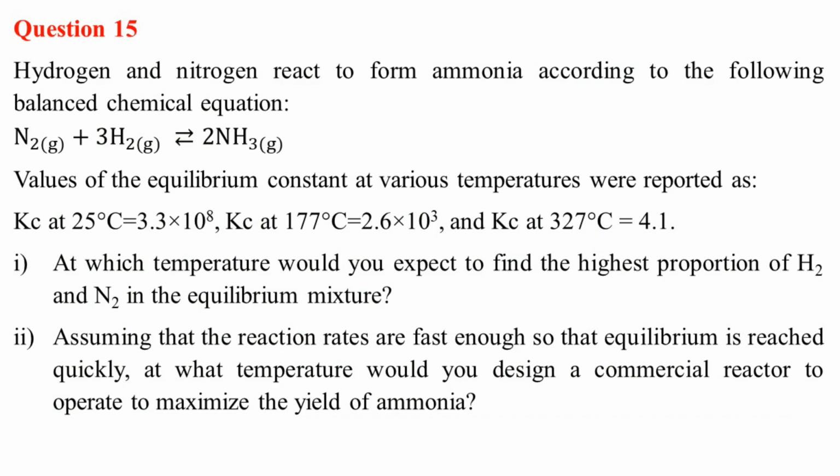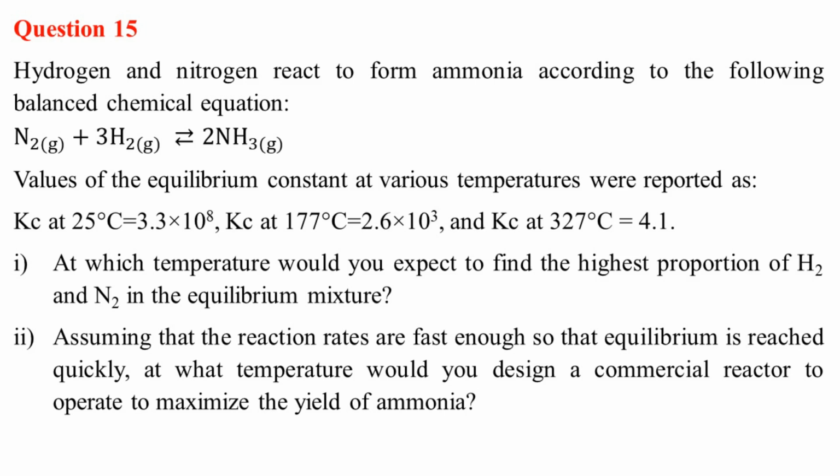Now let's go to question 15. It says hydrogen and nitrogen react to form ammonia according to the following balanced chemical equation. The equation was given. Values of the equilibrium constant at various temperatures were reported. At 25 degrees Celsius, Kc is equal to 3.3 times 10^8, which is higher than 10^3, so here we mostly have the product.